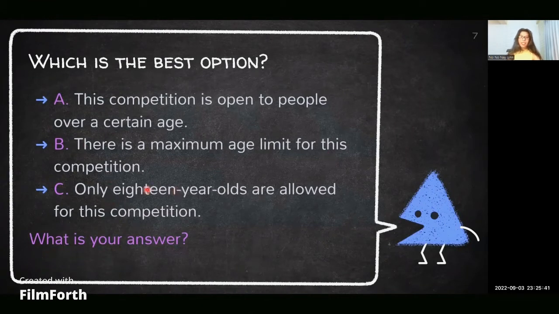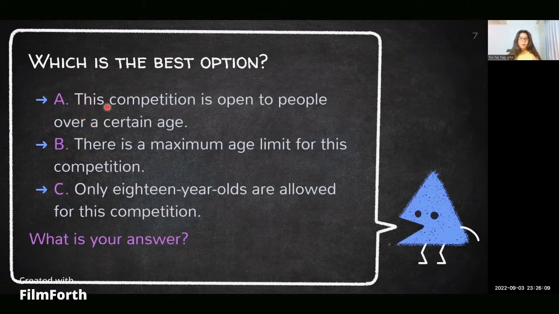What do you think? Option C: only 18-year-olds are allowed for this competition. So what do you think? Before we go to the simplification, which one is your answer? If you need more time, feel free to pause this video and take a moment thinking of that answer. Okay, if you are ready, let's take a look at each of the options.